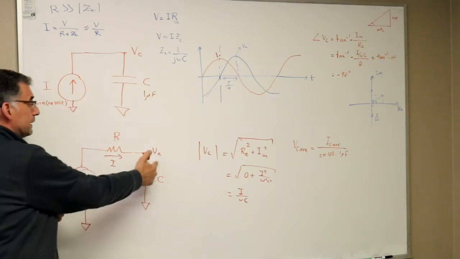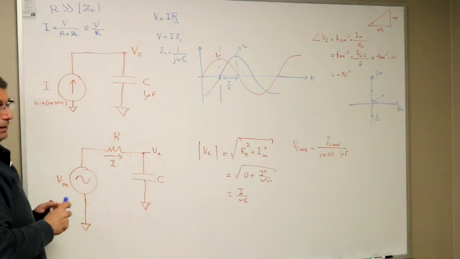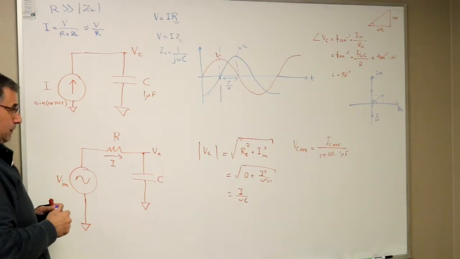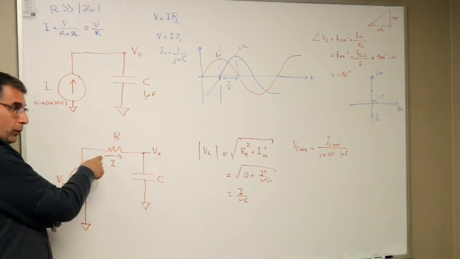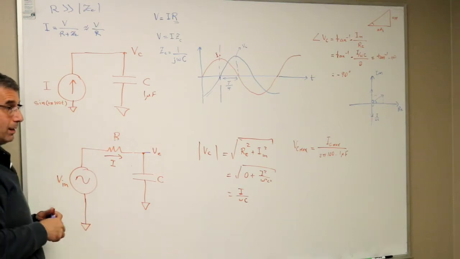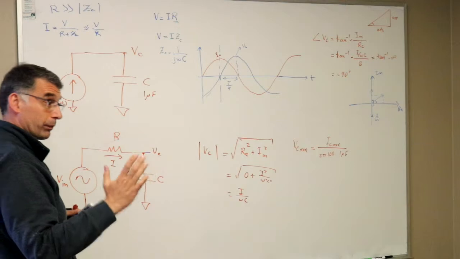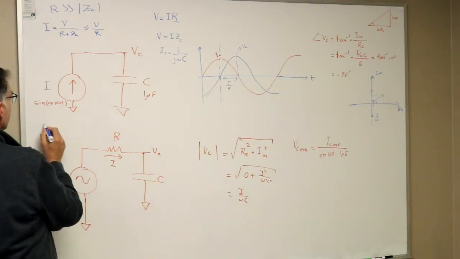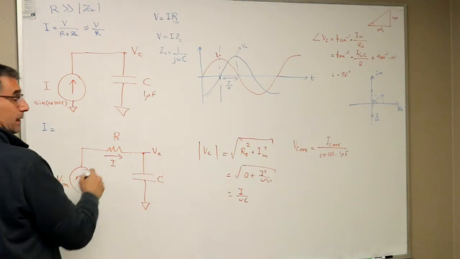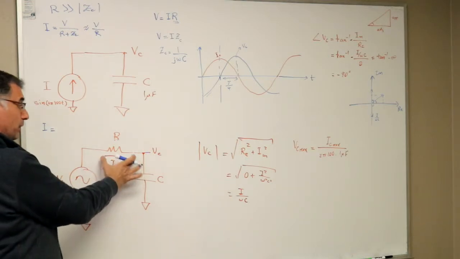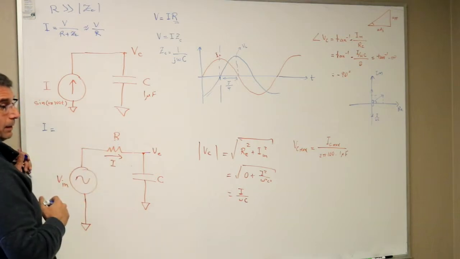If I know VC, I is VC over... this current through the resistor, use Ohm's law. It is the same, but I can also find I as the voltage across the resistor divided by the resistance, right?